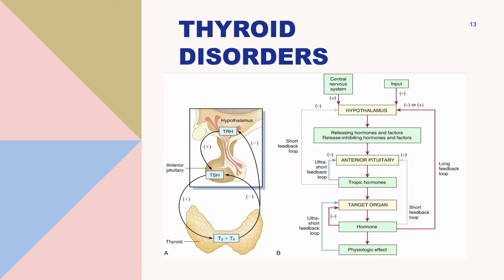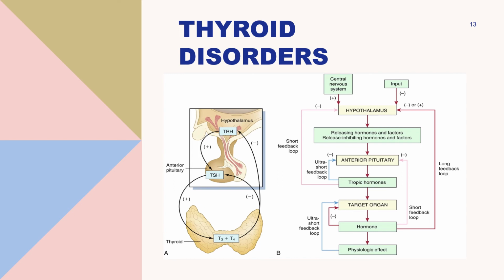So when drawing lab work, the simplest explanation of the TSH is that it's opposite. If the TSH is high, the patient has hypothyroidism. Basically that means the anterior pituitary just keeps pumping out more TSH to try to get the thyroid to work, but it's not working.